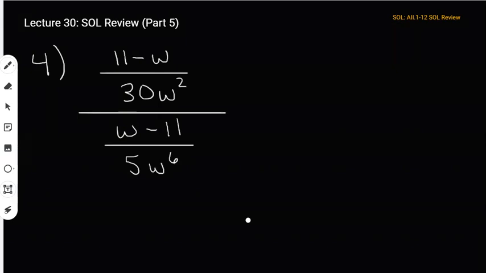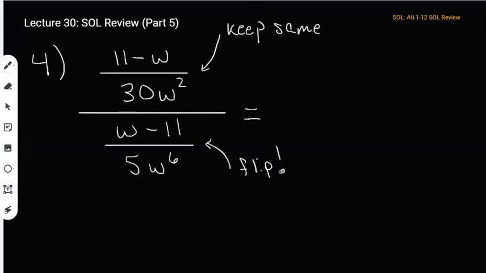So we have a fraction on top and a fraction on the bottom. Whenever we do complex fractions, I always want to keep the first fraction the same. The fraction on top is always going to stay the same. The fraction on the bottom is going to be flipped. So we're going to flip the bottom fraction.